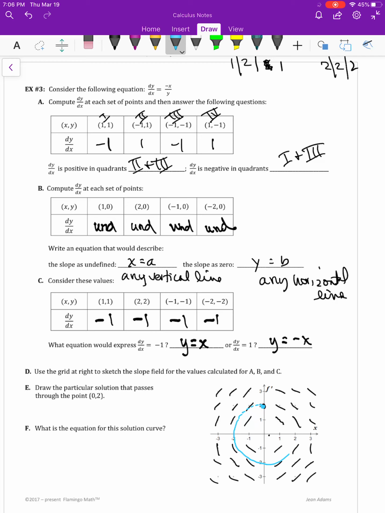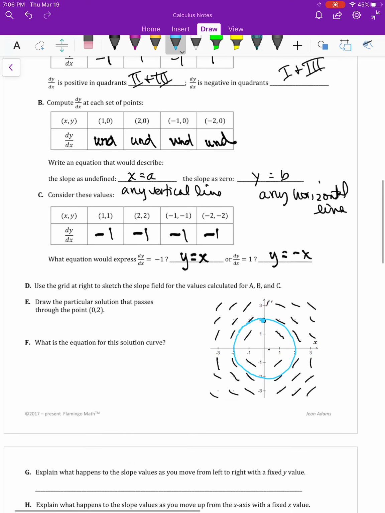You can kind of see this is going to be a circle. If you take your dy/dx equals negative x over y, multiply by y on both sides, multiply by dx on both sides, and integrate, we've got 1/2 y squared equals negative 1/2 x squared plus c.